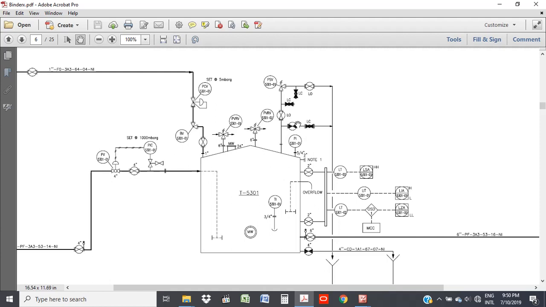A lot of companies also do what they call lock open, lock closed. So a valve is locked open or locked closed, which means there's a physical device, like a chain and a lock, which restricts the opening or the closing of a valve.